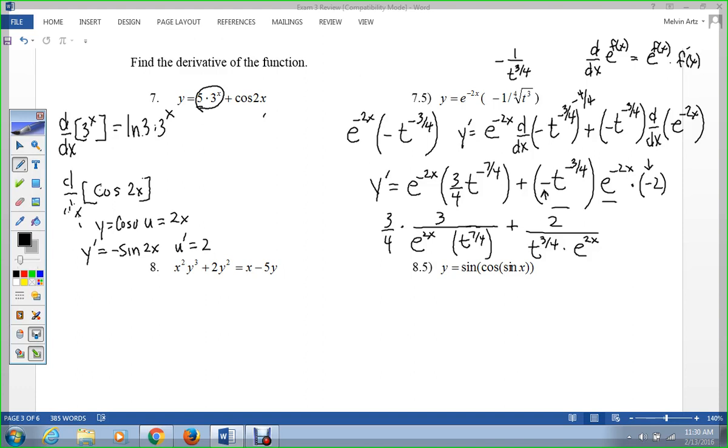Number 8 is implicit differentiation. So we would have to apply the product rule first. We'd have to say the first times the derivative of the second plus the second times the derivative of the first.